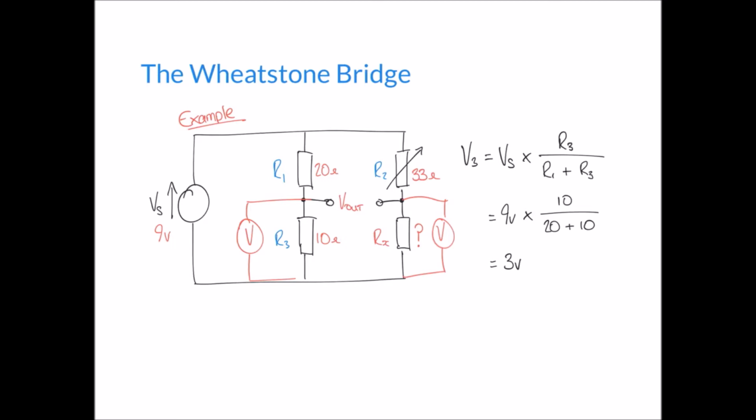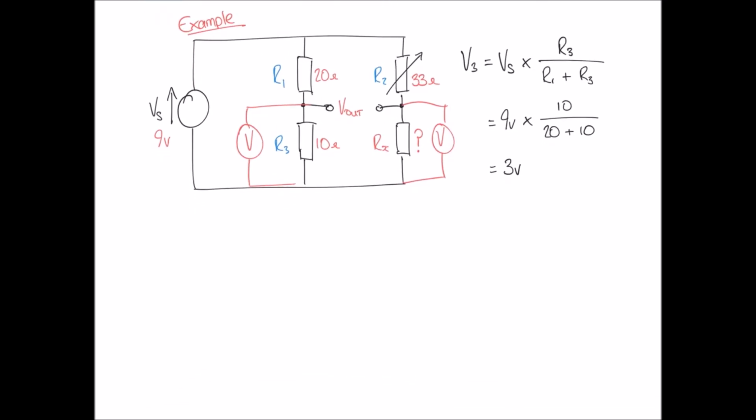If we were to write that as an equation, we'd have the voltage across Rx, which we'll call Vx. Vx is equal to the supply voltage, Vs, multiplied by a fraction, and on the top of that fraction is Rx, because we're measuring across Rx. On the bottom of the fraction, both resistances added together, so that's R2 plus Rx.